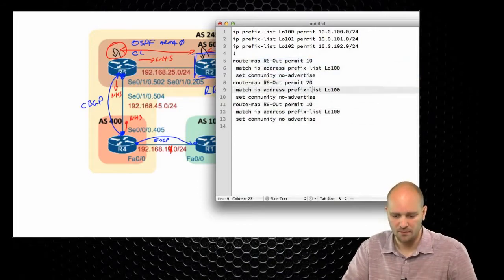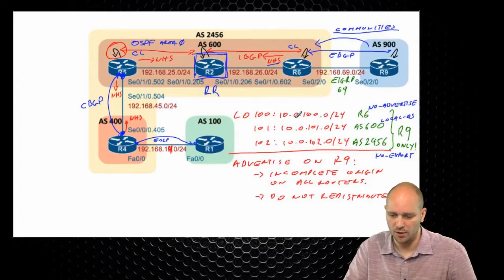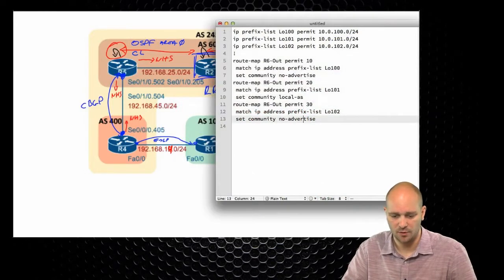So this is 20, 30, this changes to 101, this changes to 102. This one here is local AS, and this one here will be no export.